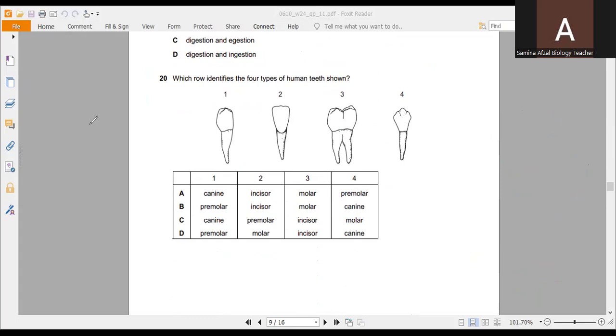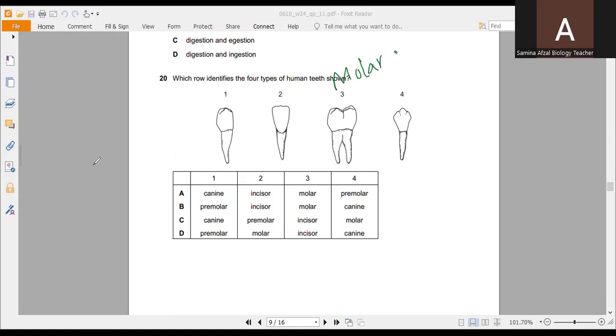Which row identifies the 4 types of human teeth shown? So I will go with them. You can see, the larger one is molar. You can see the roots.